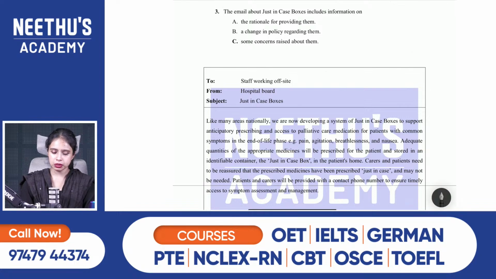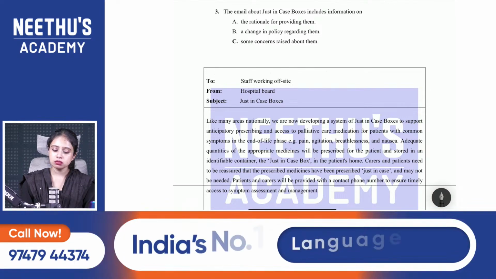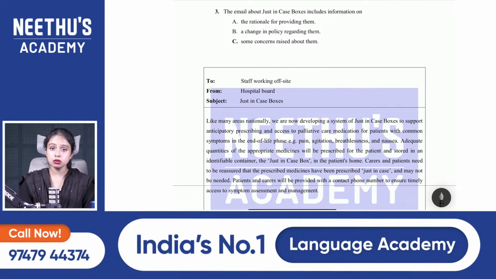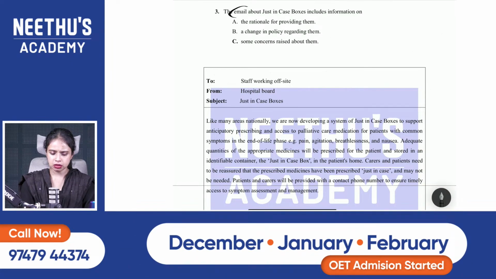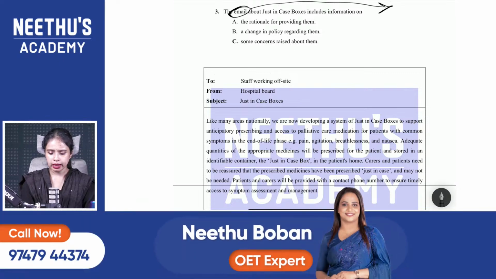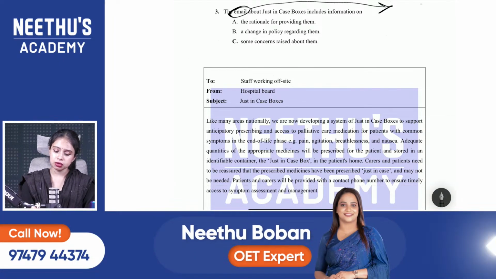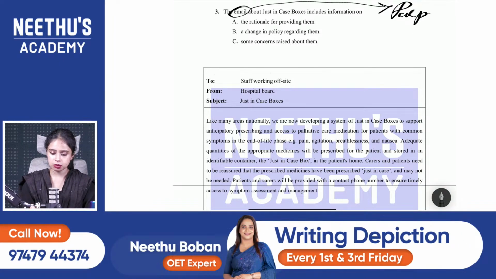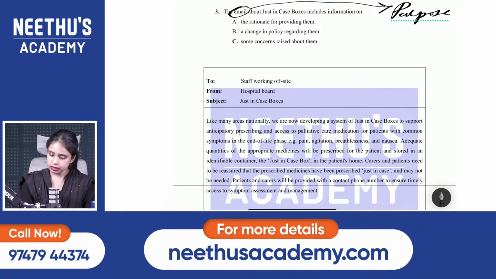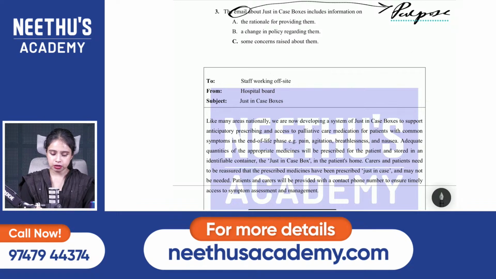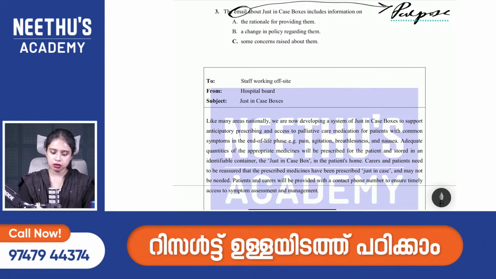The third question: the email about just in case boxes includes information on. So directly mentioned, this is from the third category. This is an email, and what are you reading for in an email? We are reading for the purpose, which means the overall idea. And this is the third category, and the last lines, or the last paragraph, are important.